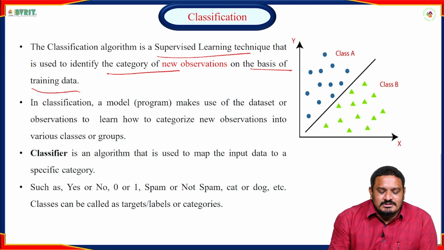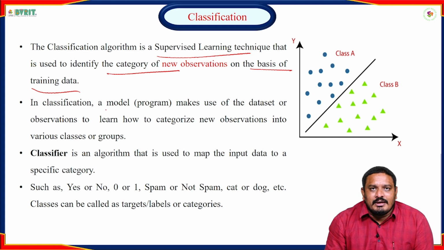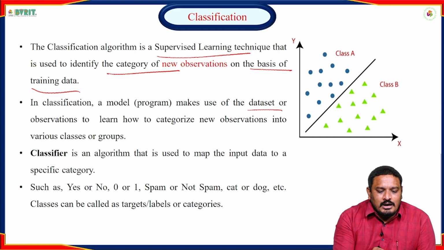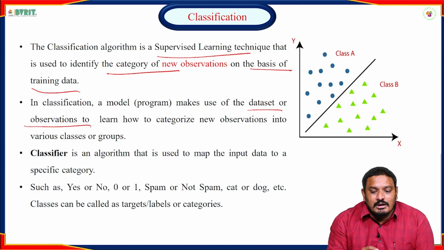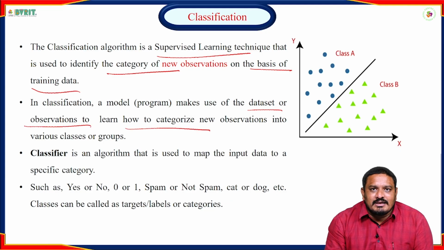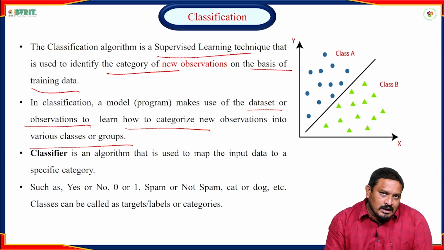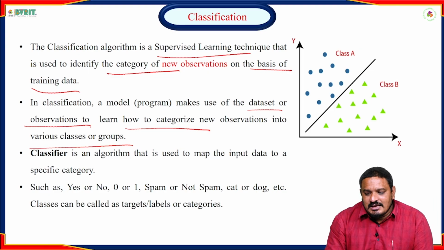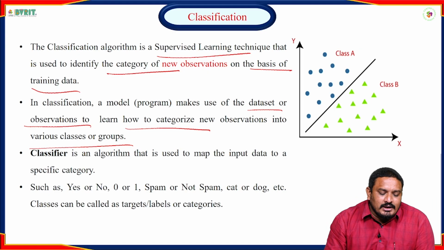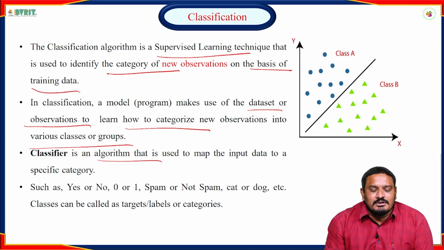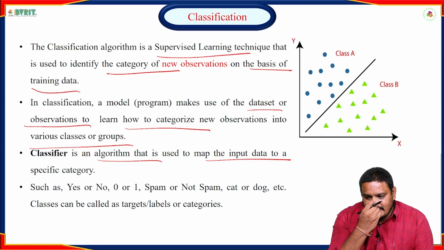In classification, the model learns from the data set or observations how to categorize the new observation into various classes or groups. Here, the classifier is an algorithm that is used to map the input data to a specific category.